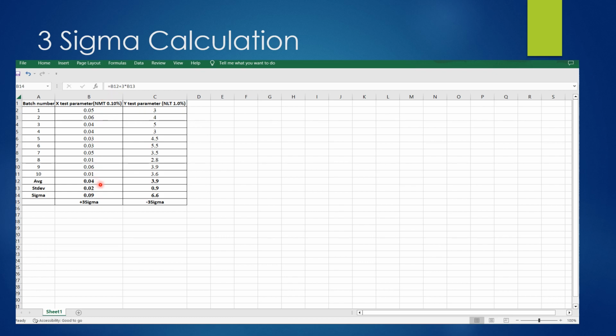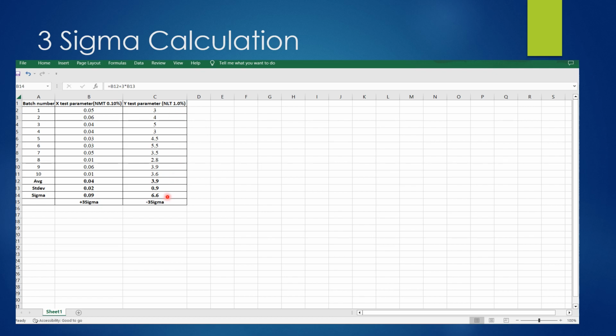So B12 is my average. As I'm going to take plus 3 sigma, I included plus here, and 3 into standard deviation is my formula. So 3 into standard deviation is B13. So I got the result of 0.09. In the same way, we can apply the same formula here as well.